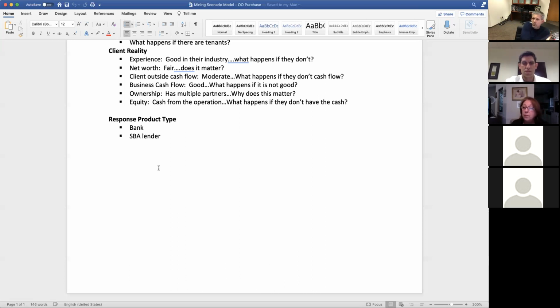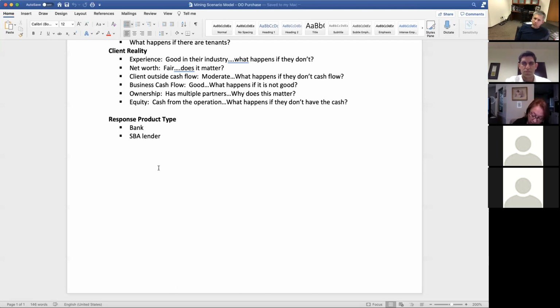That is what would be deemed in many instances a global cash flow. So they're going to look at them and say, could they cash flow this if the business doesn't? For some reason, do they have the ability to have outside, another way, a secondary source of repayment. That's the other terminology that you'll hear.